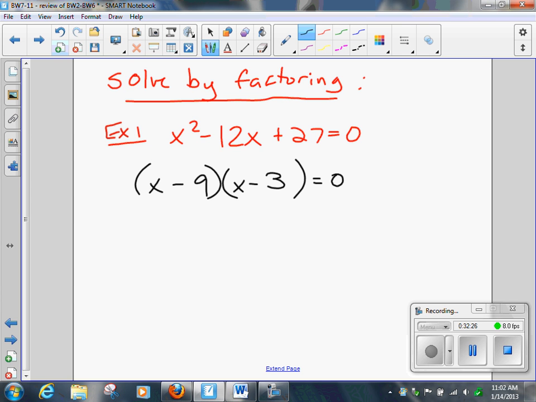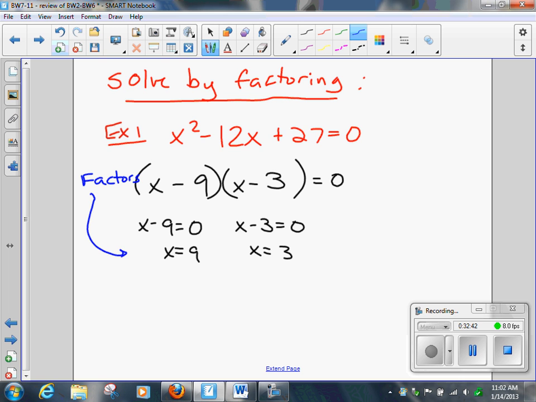We don't literally set them equal to 0, and I don't care whether you write this down or not. But you do need to go back to Algebra 2 and remember that these are factors, which means that these are solutions. We had this discussion a lot in Algebra 2.